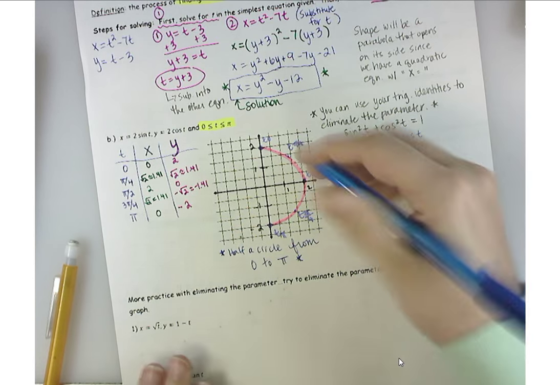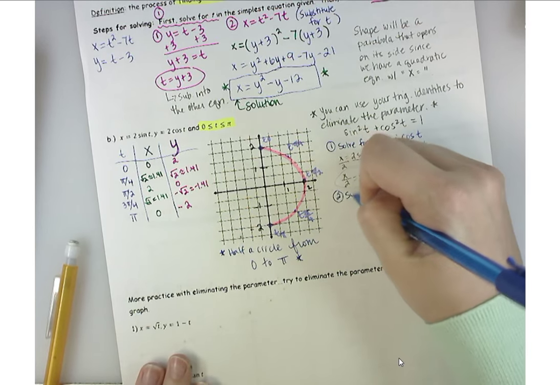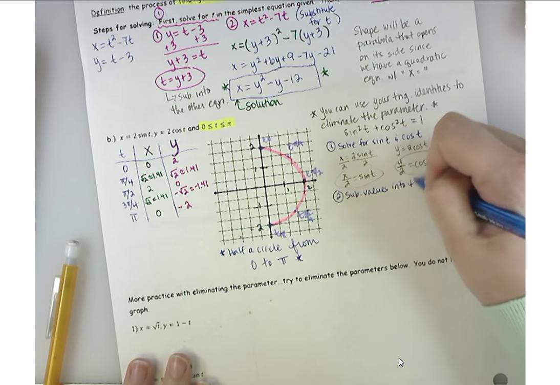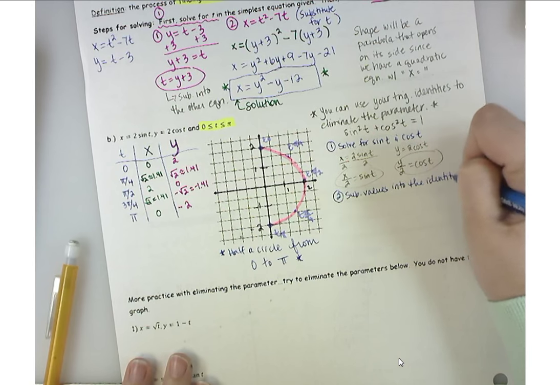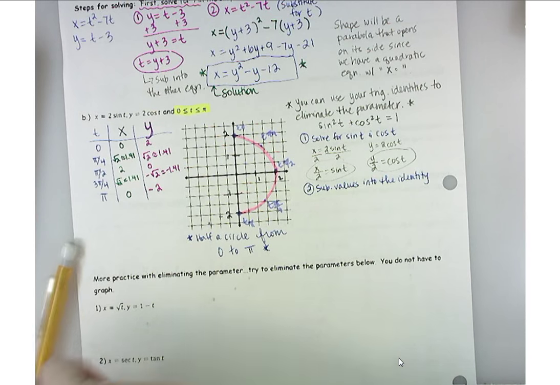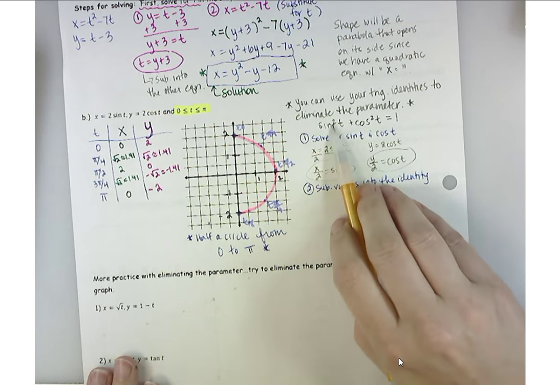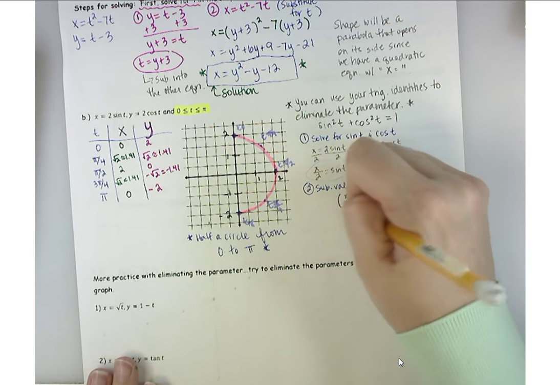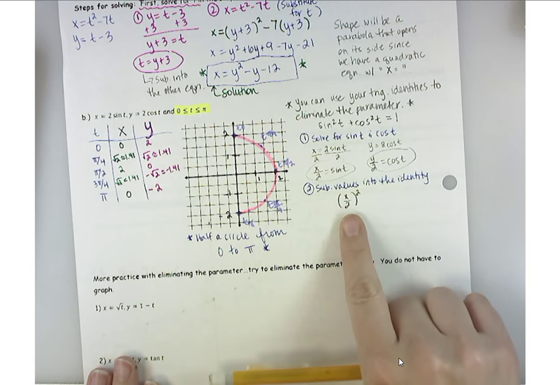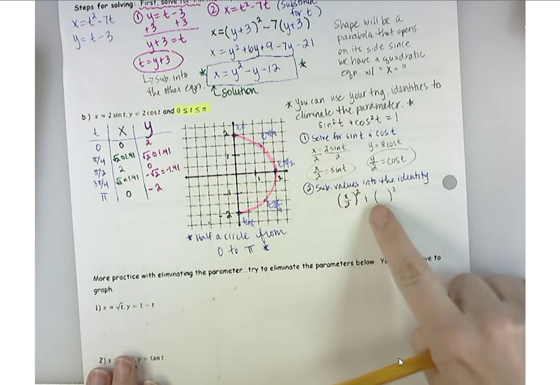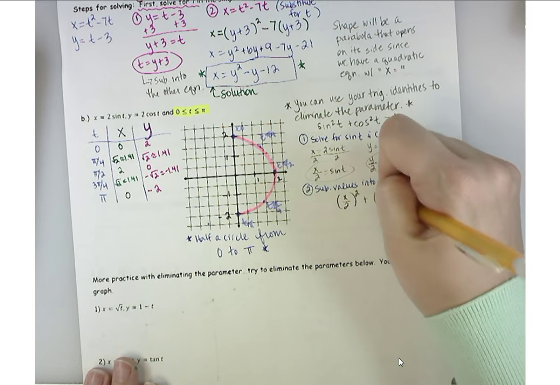Step 2 is to substitute values into the identity. So if my identity is sine squared and I just have sine, I have to raise this value to the power of 2. So this is sine squared. Then I have cosine squared, but cosine is equal to y over 2.